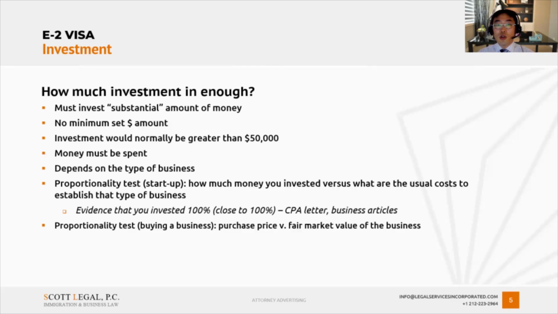But since we are talking about smaller and riskier investment cases in this webinar, I would generally say that the proportionality test does not really apply, and it is much better if you spend 100% of the investment fund before you submit your E-2 visa application.